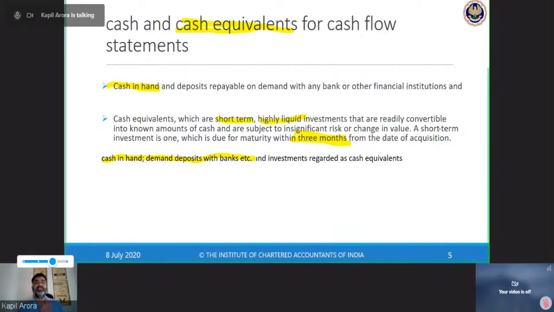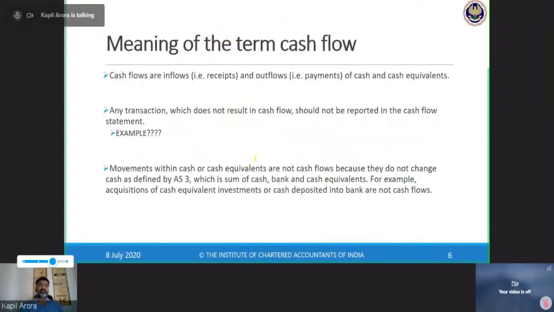Otherwise, those other items which we are depositing and can convert into cash quickly will be treated as cash equivalent for this particular standard, AS3.